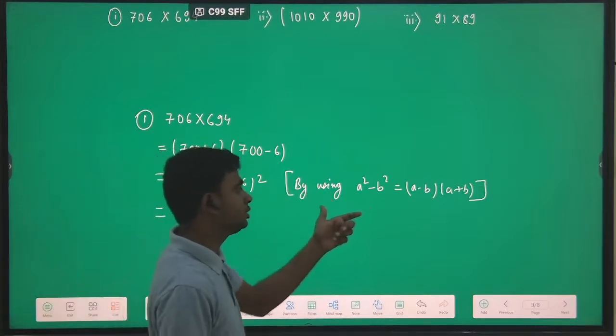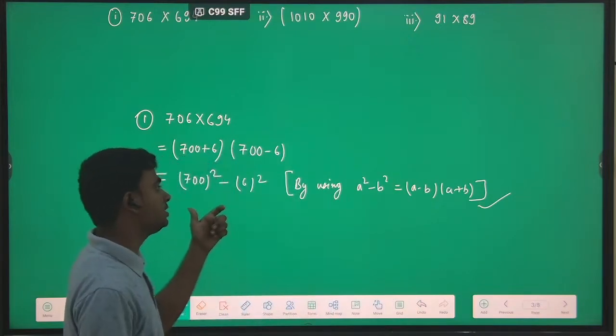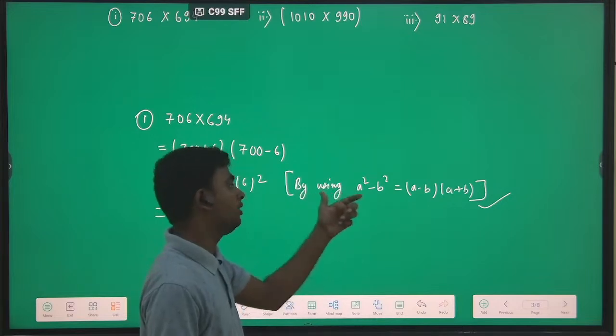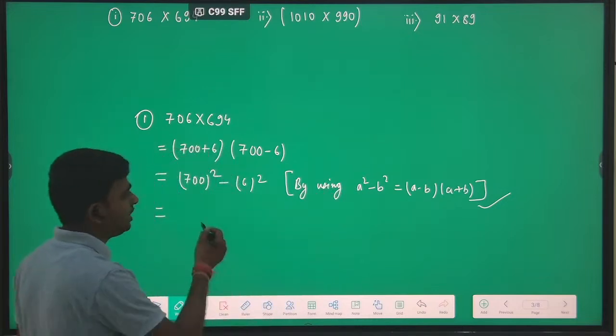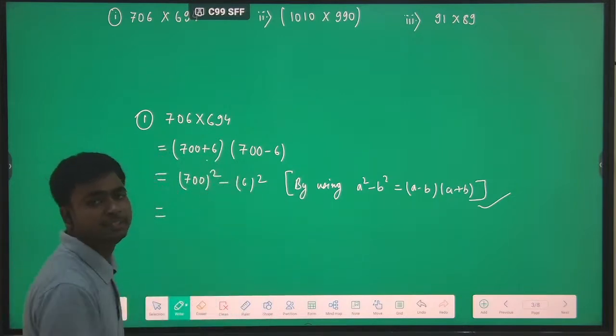So we have to write this to get marks, because our examiner wants to see why we are doing whatever we are doing. So we have to write that by using this we have written this value as this.